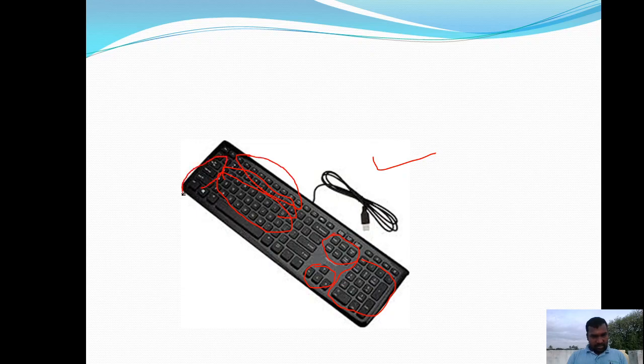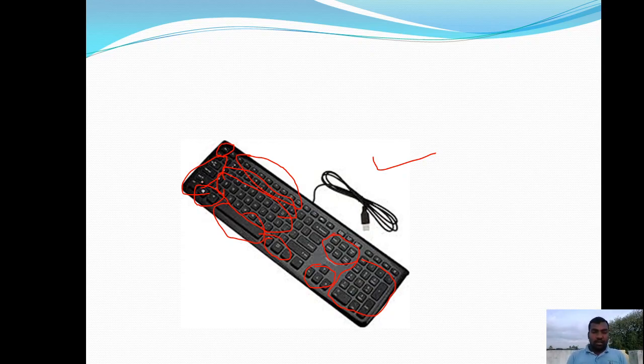These are also special keys, and this is the space bar. The control key, alternate key, and windows key are here, and this is the escape key. In this way the layout of the keyboard is organized.